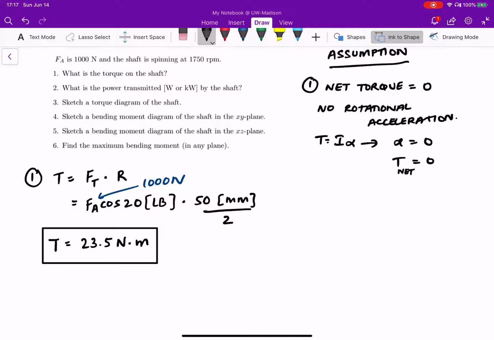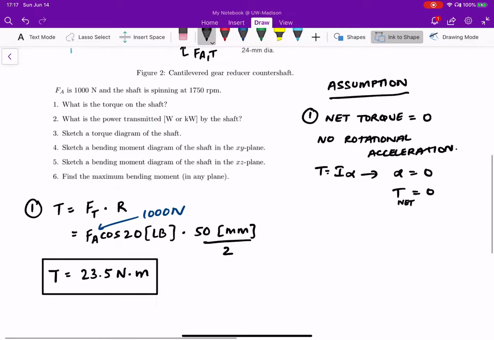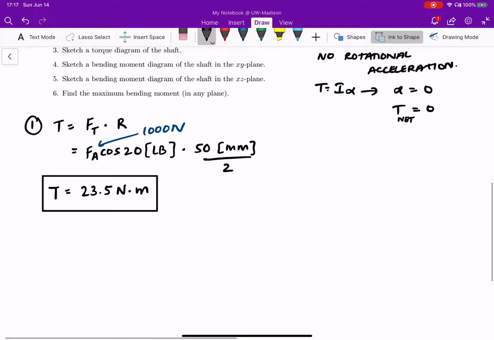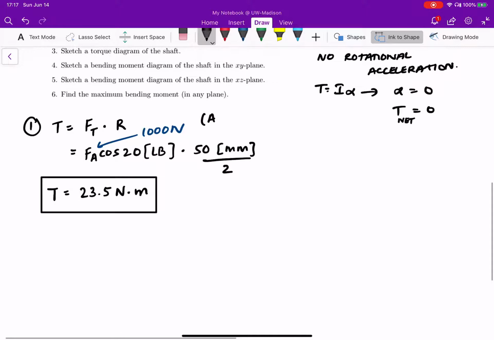Let's find Fc while we're at it. We could have solved this using the values at A or C; I used the values at A to solve it. But if I were to simply do the net torque, the sum of the torques about x equal to 0, then I can say that torque A, which is spinning it in one direction, minus the torque at C, which is spinning it in the opposite direction, is equal to 0.